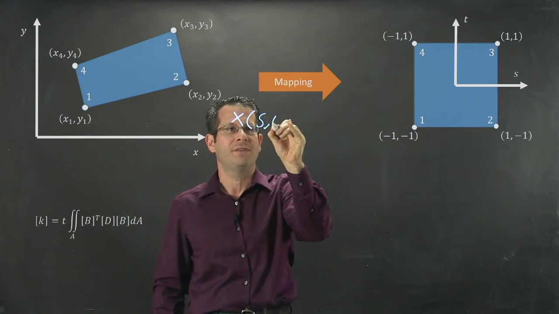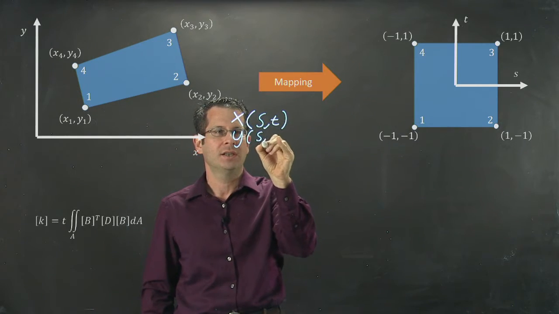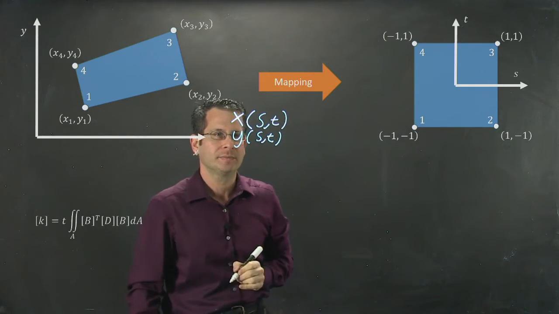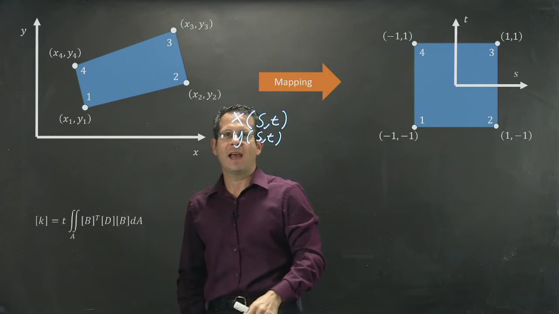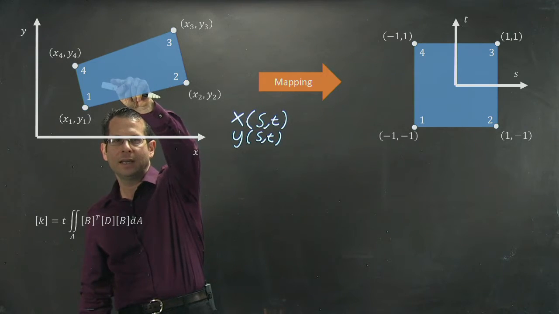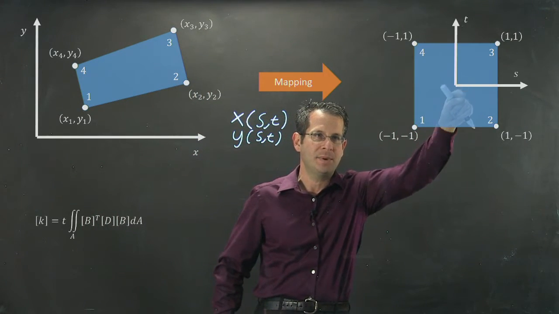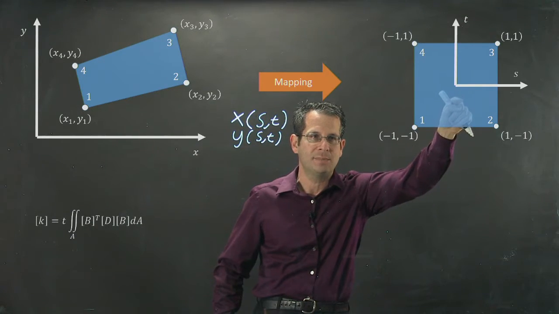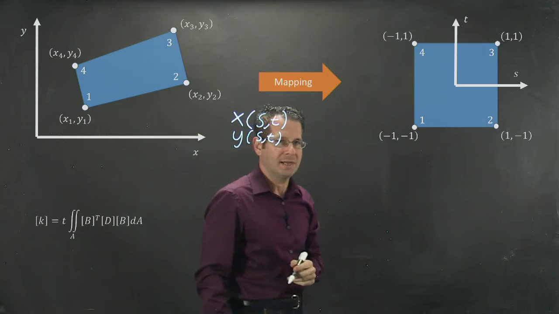So x is a function of s and t, and likewise y is a function of s and t. This mapping works both ways. So if I have a unique point in my xy space, it exists in a unique point in st space, and any unique point in st space can be mapped back to a unique point in xy space.